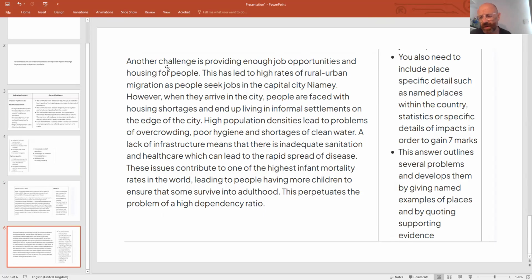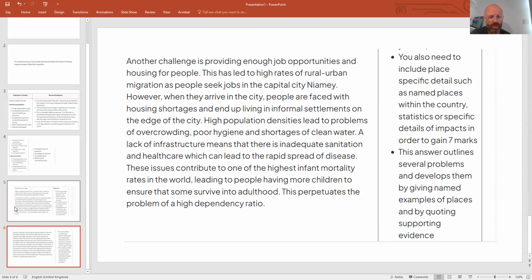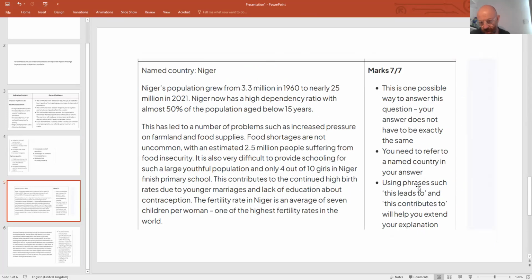So it's a very well presented case study here. It's not long, but it says exactly what it needs to say. It's two paragraphs, but it's on topic. Okay. So using phrases such as this leads to and this contributes to will help you to extend your explanation. Okay. Because you describe something, it has poor sanitation, it has poor healthcare.